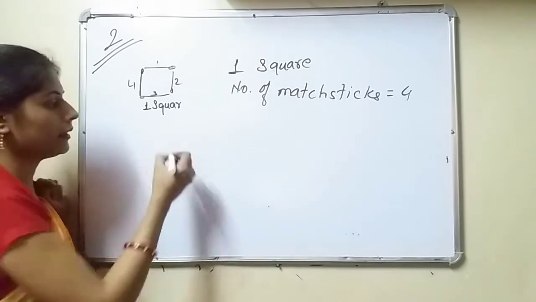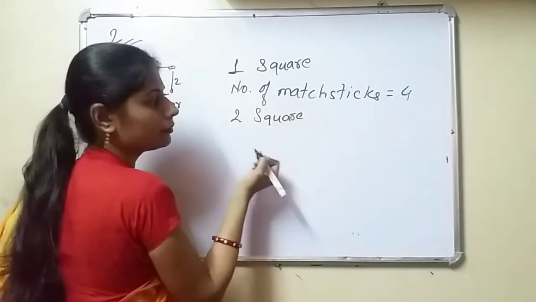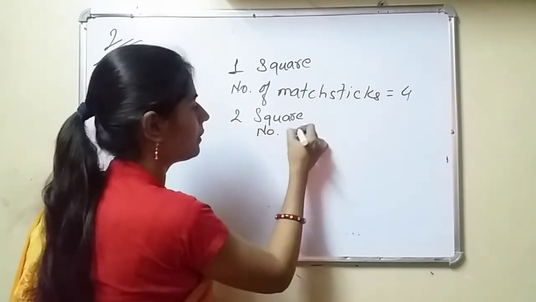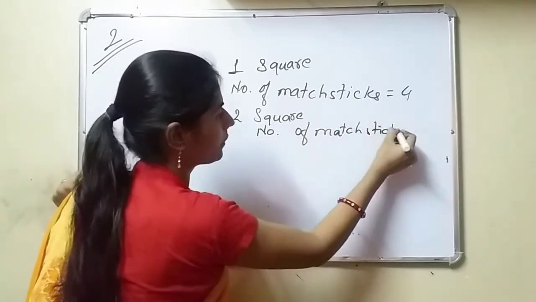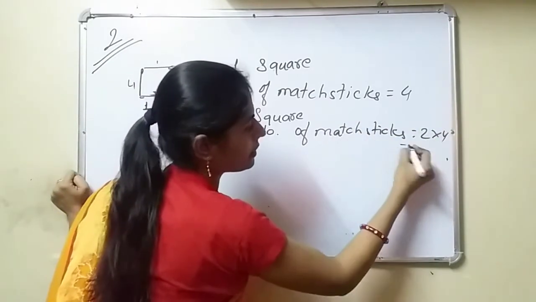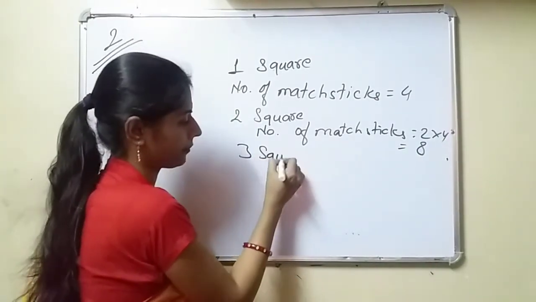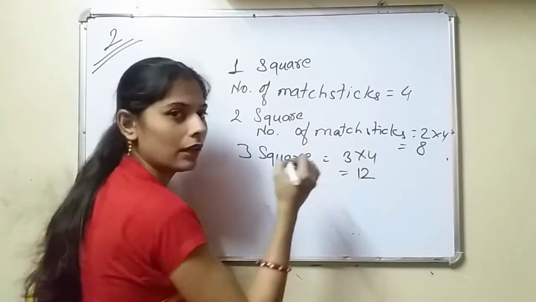Then in 2 squares, obviously the number of matchsticks is equal to 2 into 4, that is 8. Then in 3 squares, that is 3 into 4 will be 12.